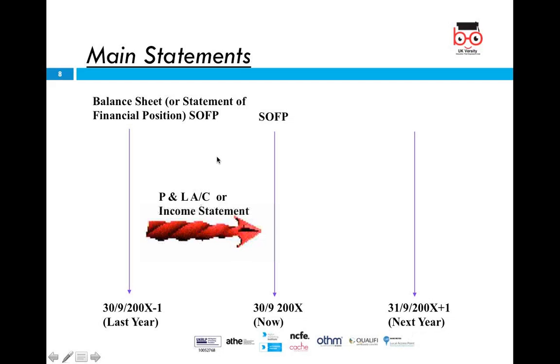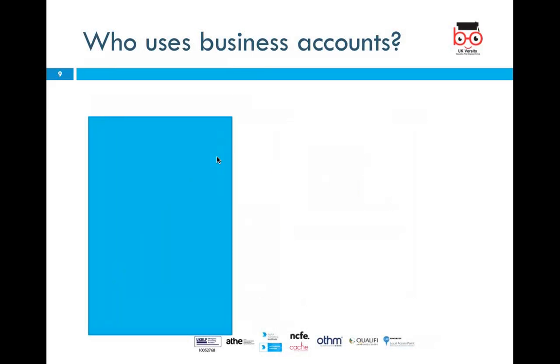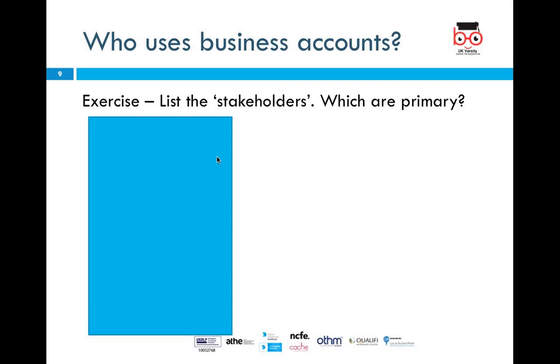So that's why we need the financial accounts for our business, and then we need to publish the financial statements for the stakeholders. We need the financial statements to make projections for the next years, and for comparison with the previous year.